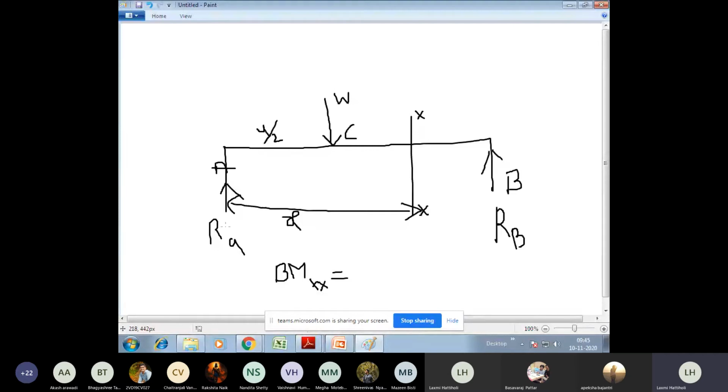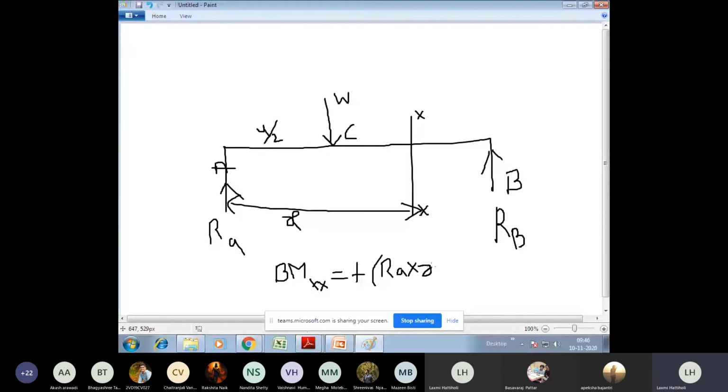Forget W. How does RA create a moment about XX? Sagging moment or hogging moment? Sagging. Very correct. So what should I write? Plus RA into X. Is my answer correct? Yes. Plus RA into X.